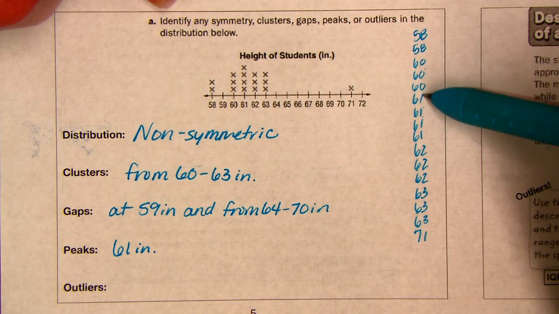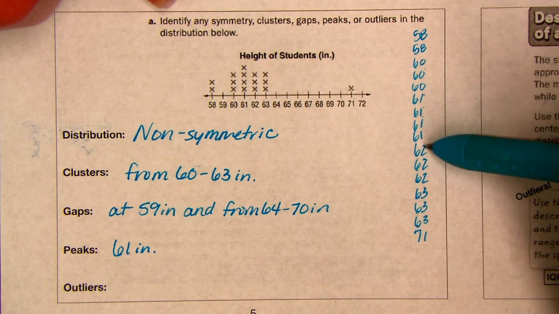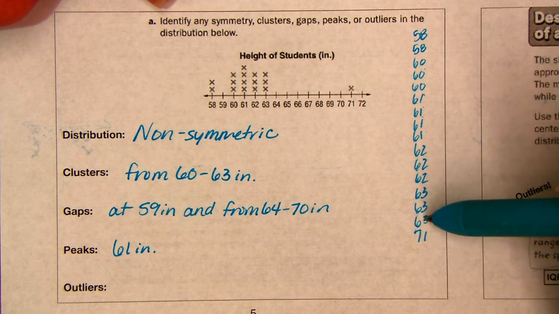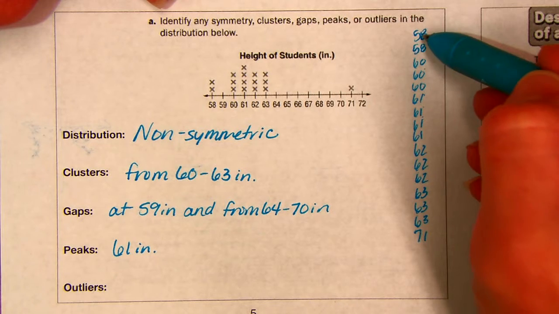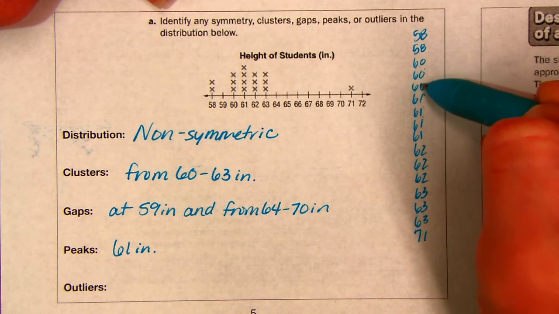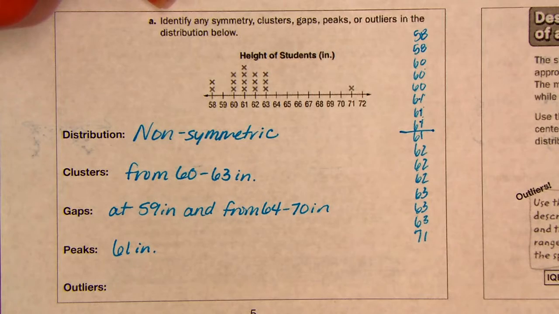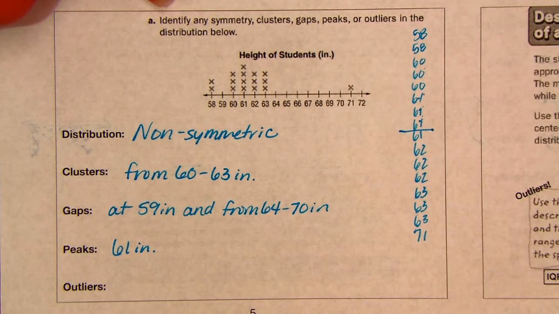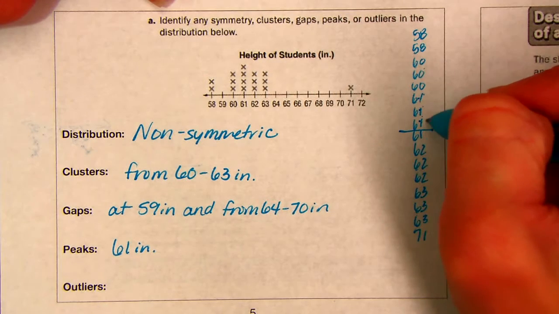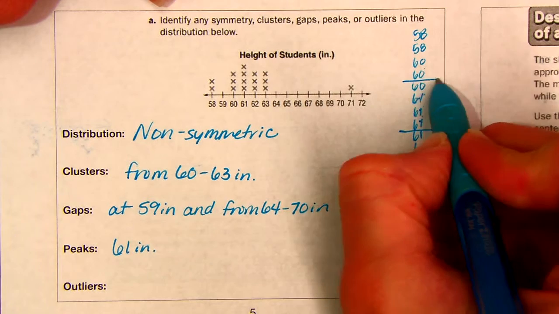So my median, 8, is between these two, so 61. And then my quartiles would be right here, so 60 and 62.5.